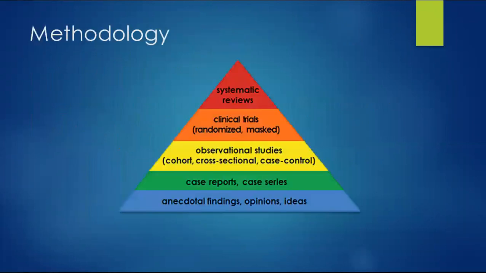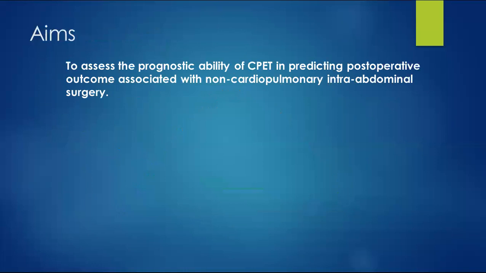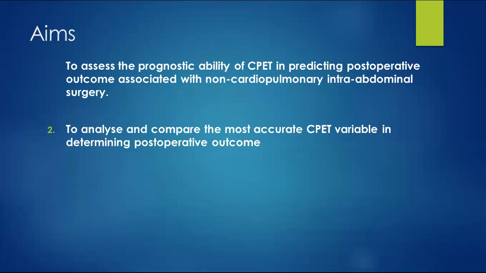So this is the pyramid that we're familiar with in the research world. So this is level 1 type evidence, a systematic review, and its stated aim was to assess the prognostic ability of cardiopulmonary exercise testing in predicting post-op outcomes associated with non-cardiopulmonary intra-abdominal surgery.